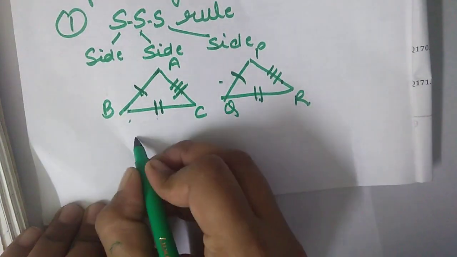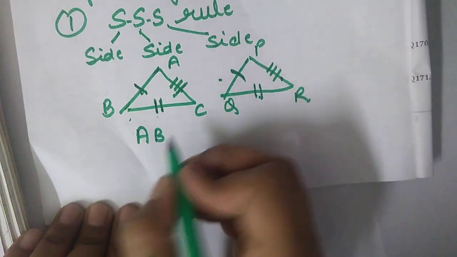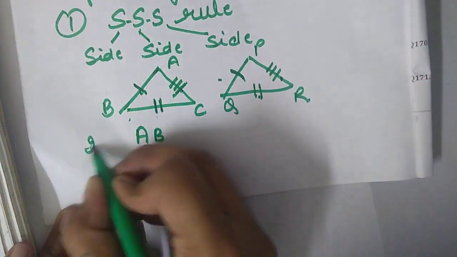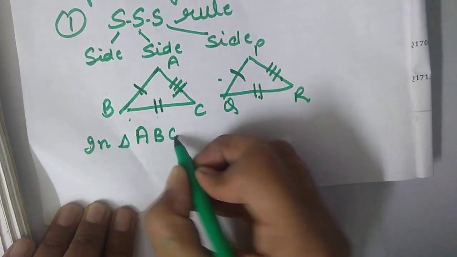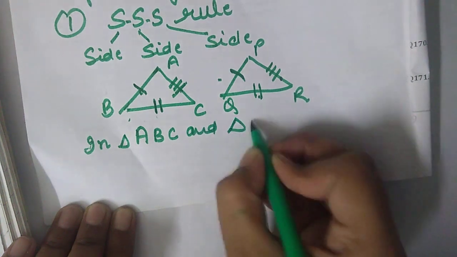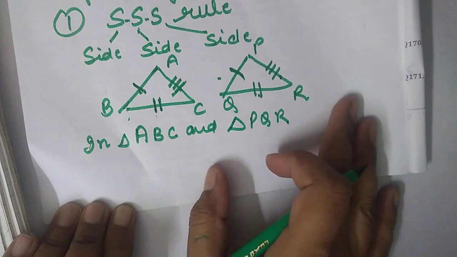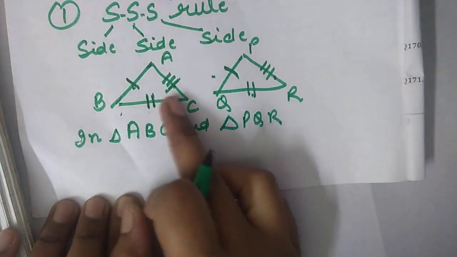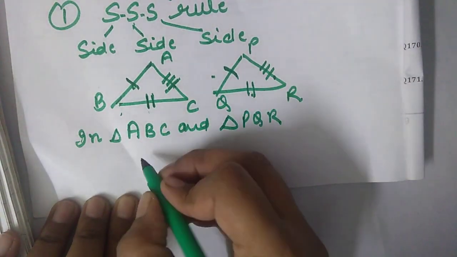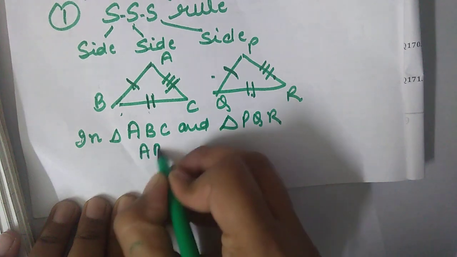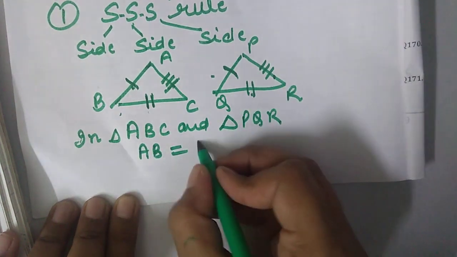Okay, so let us write. First I will write in triangle ABC and triangle PQR. As we are considering these two triangles, in triangle ABC and triangle PQR, AB is equal to what? PQ.